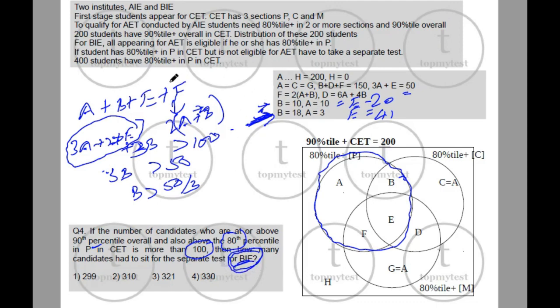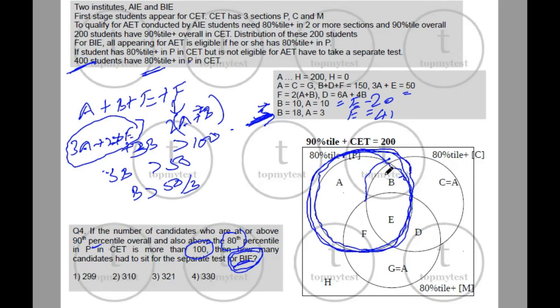Now, who are the people who are going to write a separate test for BIE? People who scored 80 percentile plus in P but did not qualify for AIE. 80 percentile plus is 400. Who did not qualify? From this 400, these are the people who are more than 100.